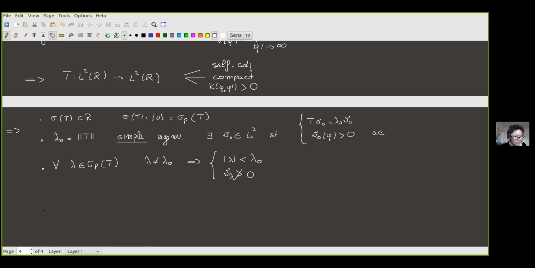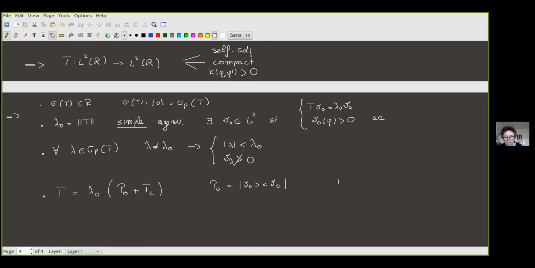And last but not least, since T is compact and has all these properties, we can write T in the following way. T is lambda 0 times P0 plus T1, where P0 is the orthogonal projection on V0, the eigenvector corresponding to the largest eigenvalue, and T1 is the operator restricted on the orthogonal complement.